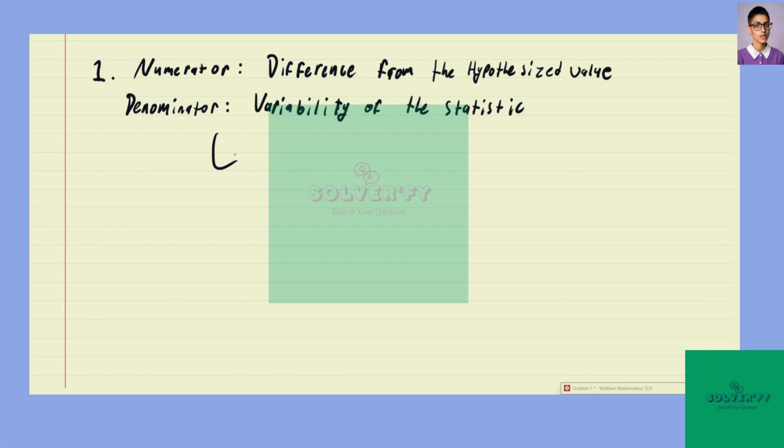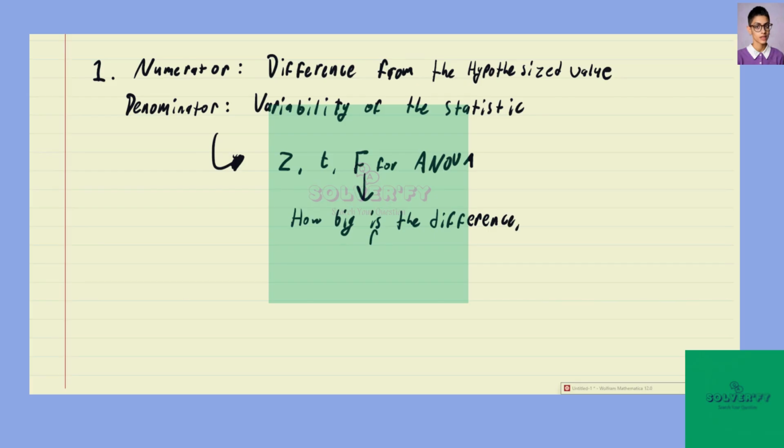So essentially the z-test, t-test, and the F statistic for ANOVA tell us how big is the difference relative to the variation.